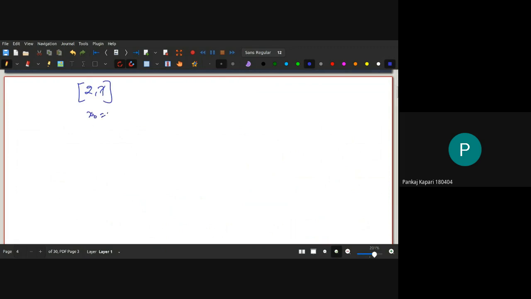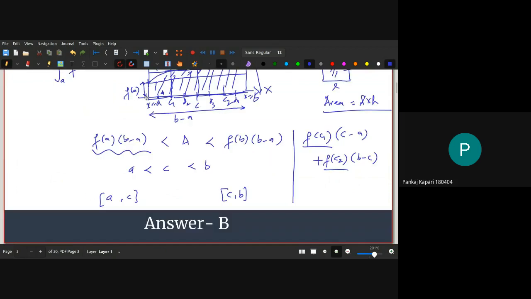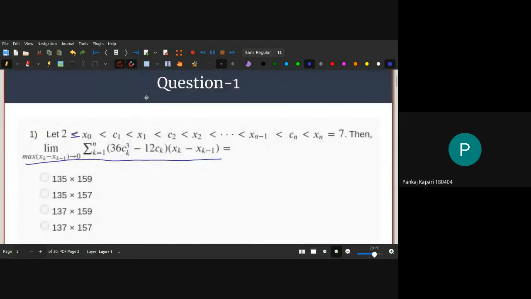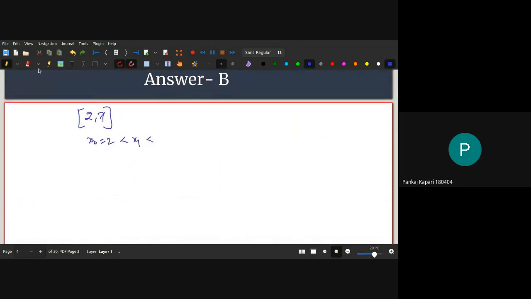Your x_0 is 2, then you have x_1, and between x_0 and x_1 we have c_1, so that forms a choice set. Then x_1, c_2, and like this up to x_{n-1}, c_n and x_n, which is 7. So this partition is given, and the limit is also given, right?